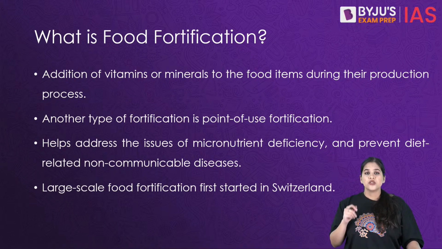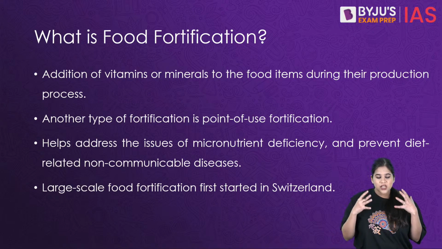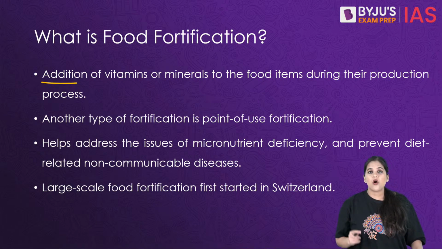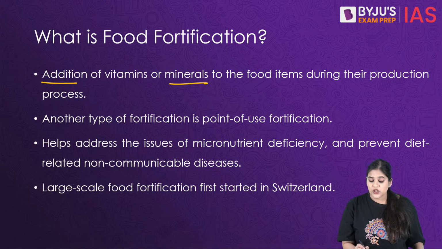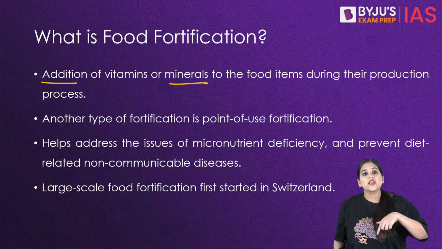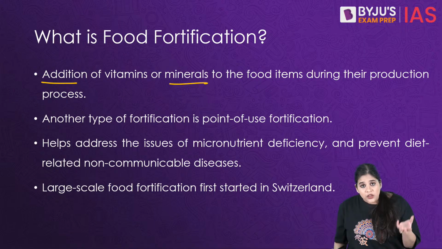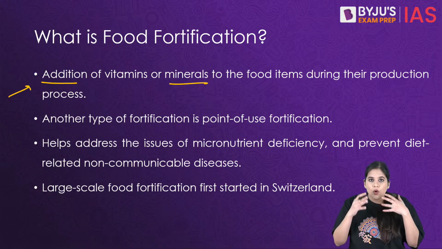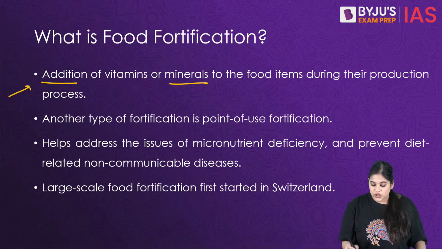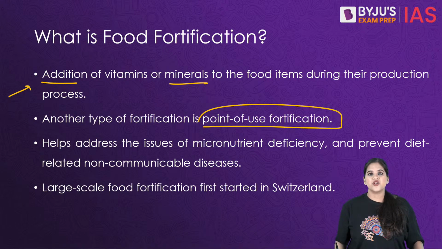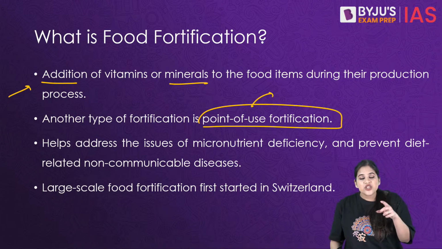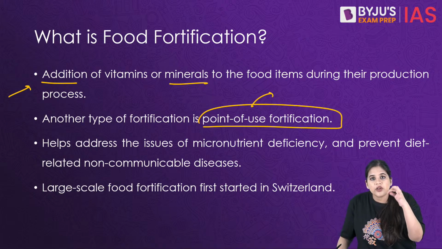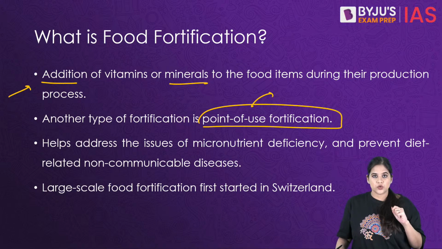So food fortification is nothing but addition of various micronutrients like various minerals and vitamins to the food item during their production process. Apart from that, there is also another type of fortification, that is point of use fortification. Point of use fortification includes addition of these micronutrients just before the person is consuming the food.